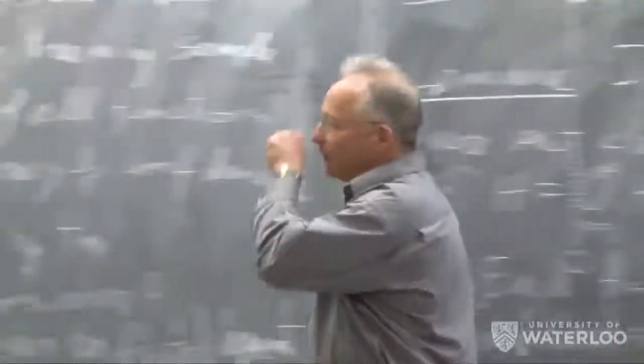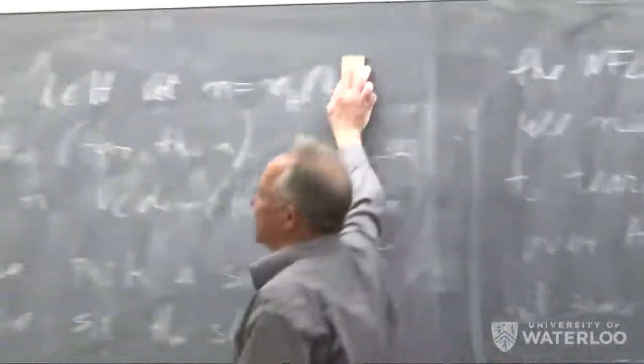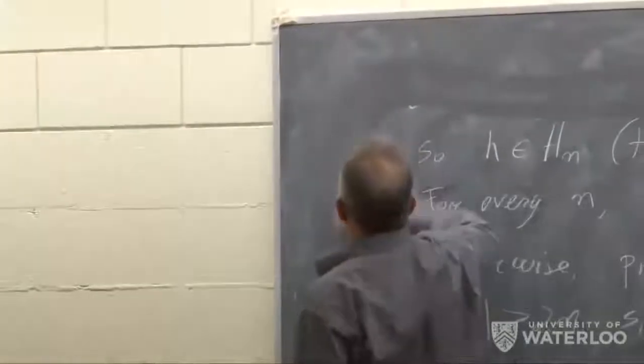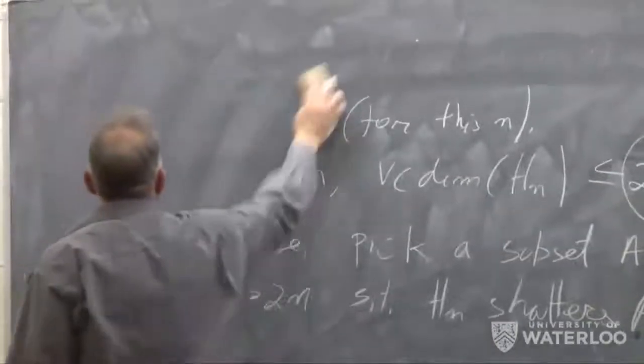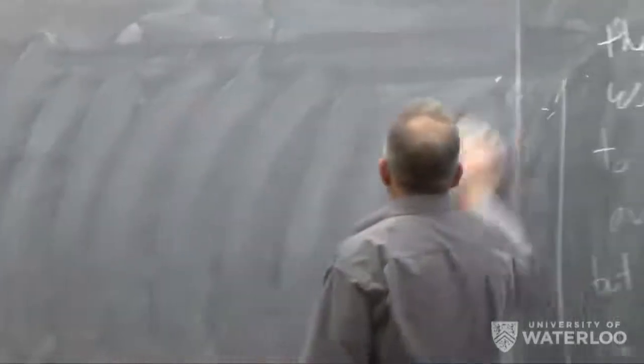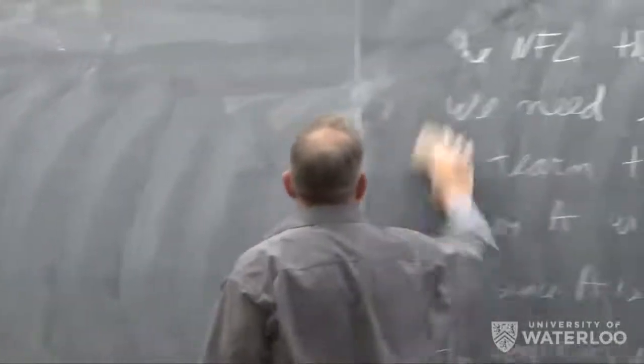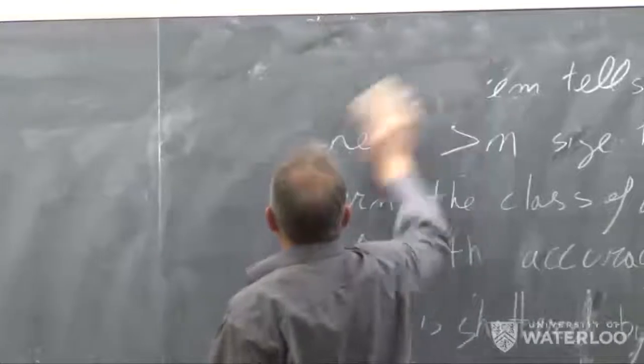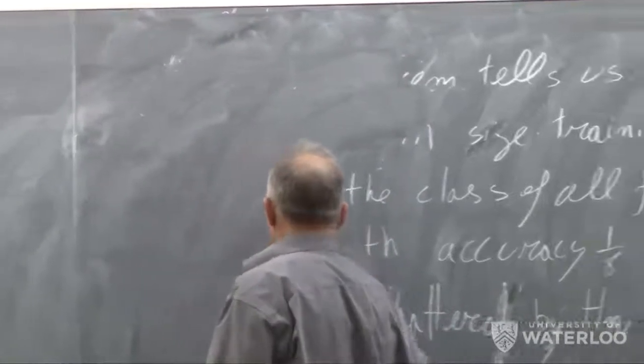So we showed one direction of the characterization. We showed that if you want to be non-uniformly learnable, you would rather be a union of finite VC classes. Now we need to show the other direction, which is this condition suffices.